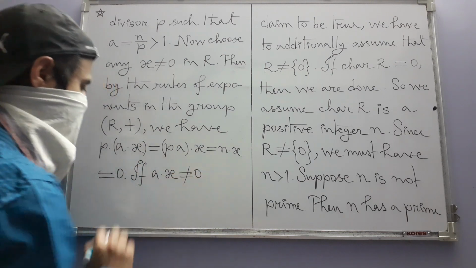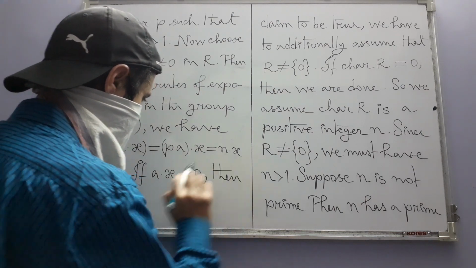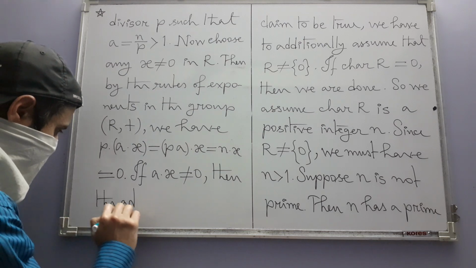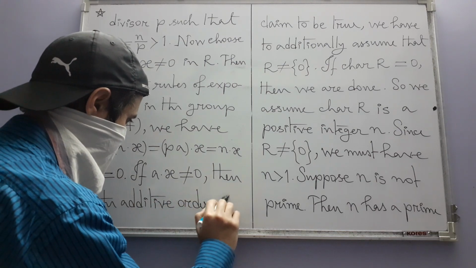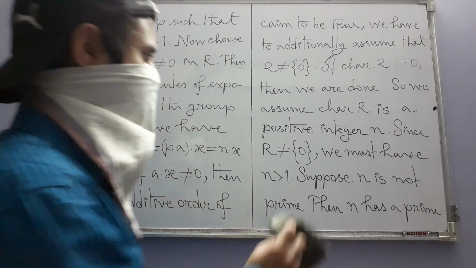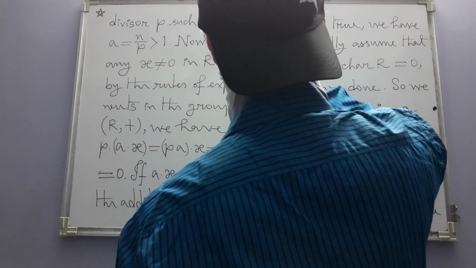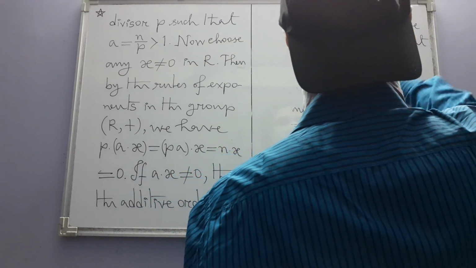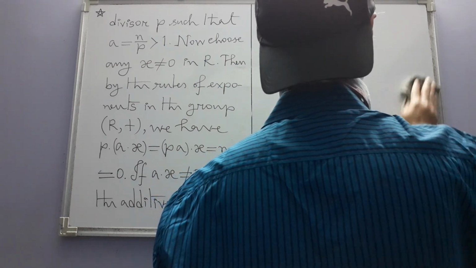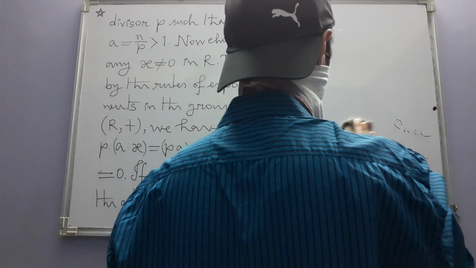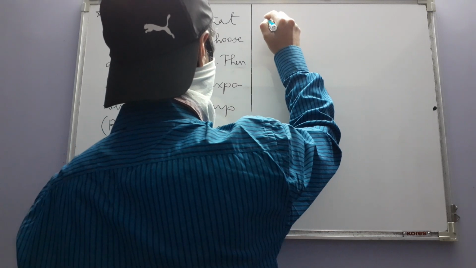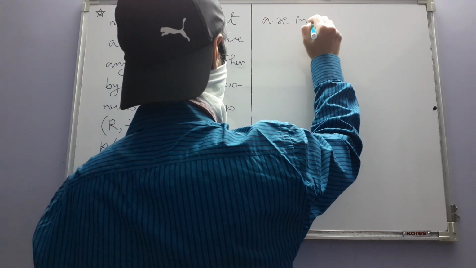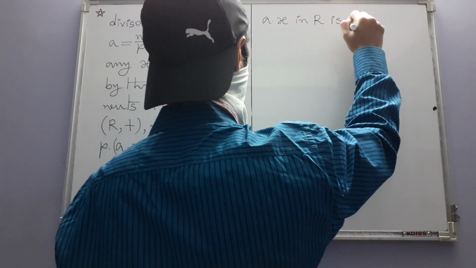If a dot x is non-zero, then the additive order of a dot x in our ring is p.